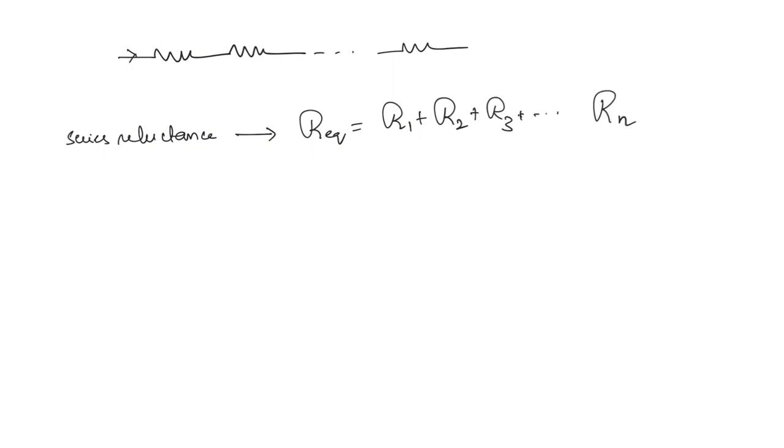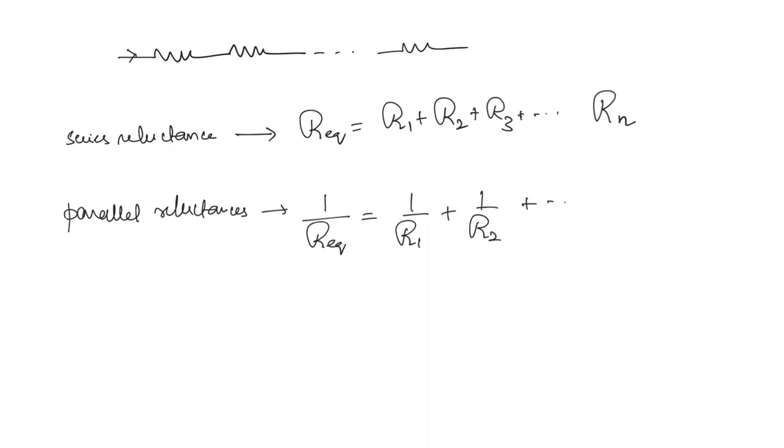So the series reluctance is given by R equivalent is equal to R1 plus R2 plus R3 and so on till Rn, considering n reluctances in series. Now what about parallel reluctances? It is similar to the expression for resistances in parallel. So 1 by R equivalent is equal to 1 by R1 plus 1 by R2 and so on till 1 by Rn.